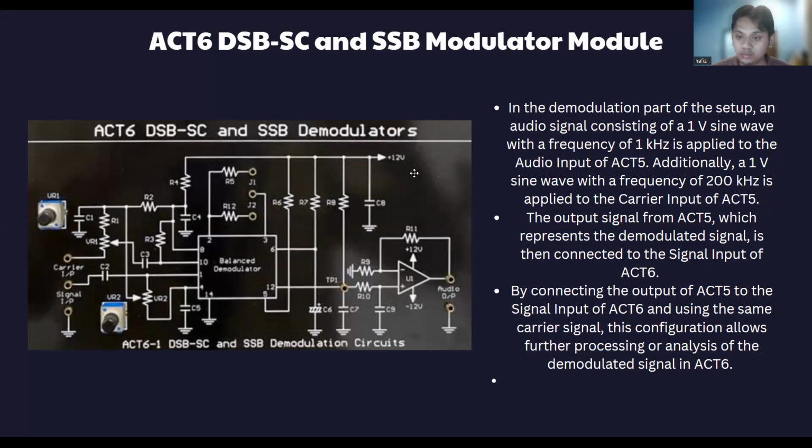The output signal from SCT5, which represents the demodulated signal, is then connected to the signal input of SCT6. By connecting the output of SCT5, from the experiment before, to the signal input of SCT6, and using the same carrier signal, this configuration allows for the processing or analyzing of the demodulated signal.